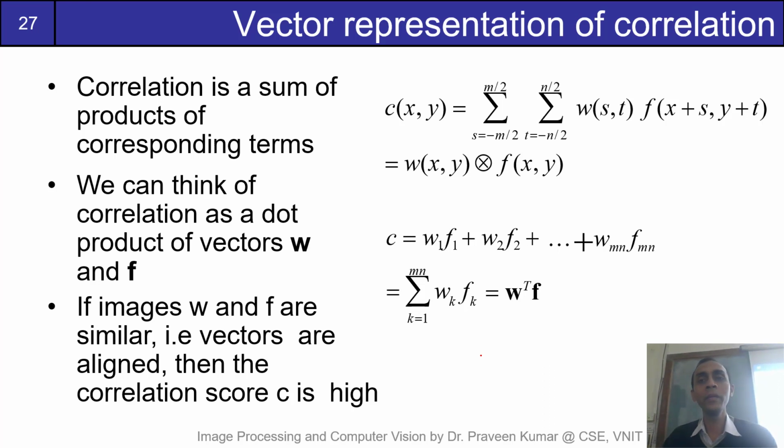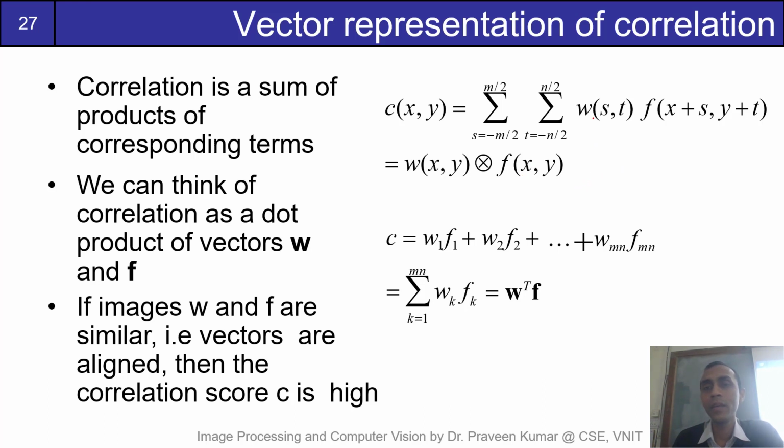If you want to understand mathematically, we can represent this correlation operation. So this was the spatial filtering process in equation form that we have represented. Let us think of this also.